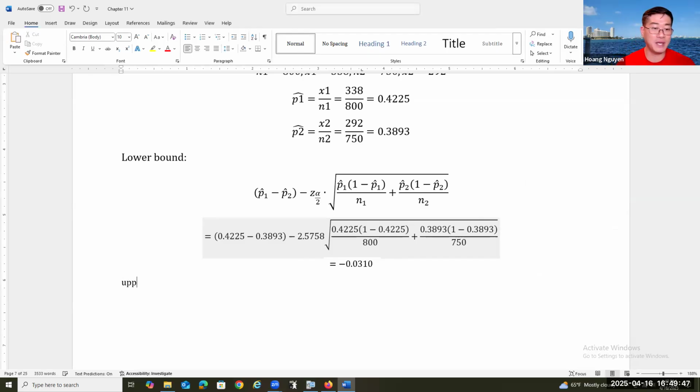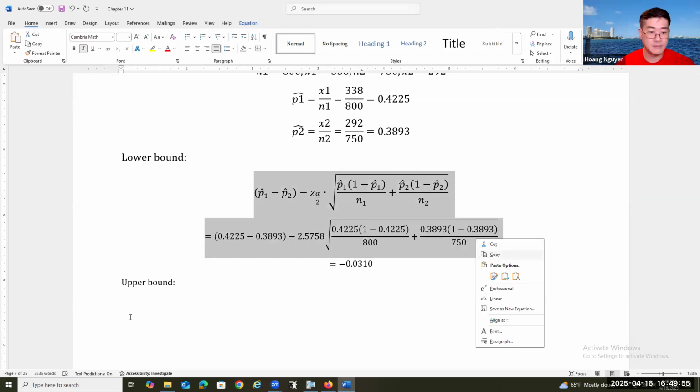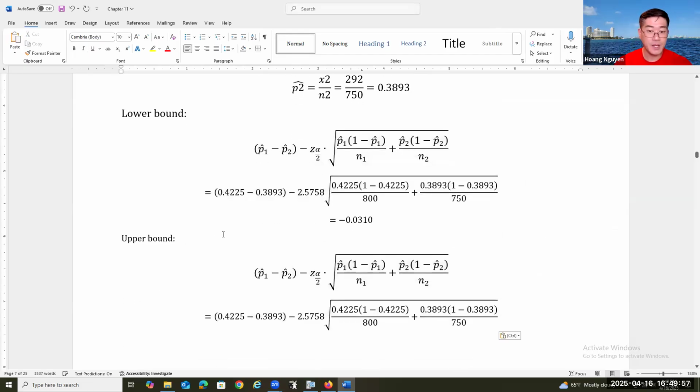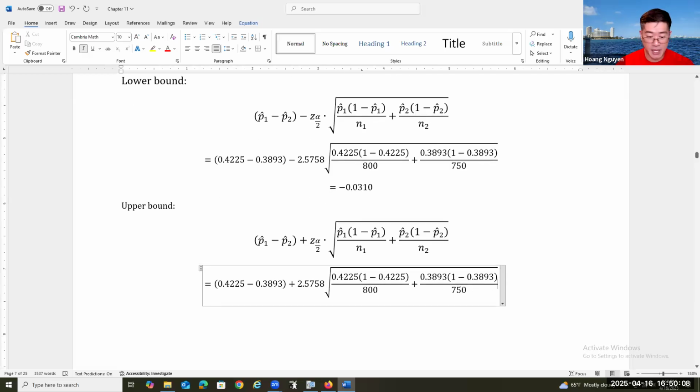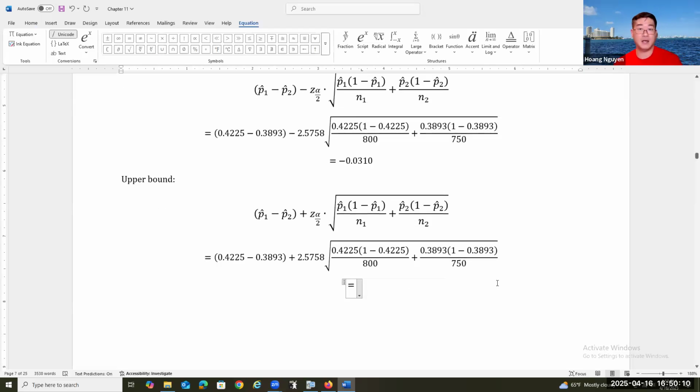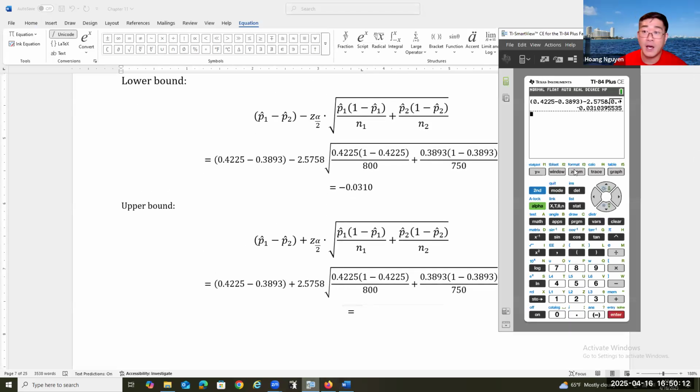Now, similar idea, we can get the calculation for the upper bound. For the upper bound, we're going to take the point estimate plus the margin of error. So I'm going to change the subtraction right here to addition. And then I'm going to use a calculator to get the answer there. Okay, so in order to copy the previous calculation, you can hit the second and then the enter key.